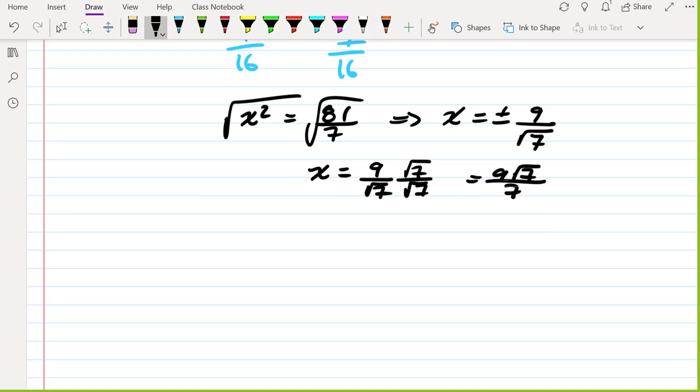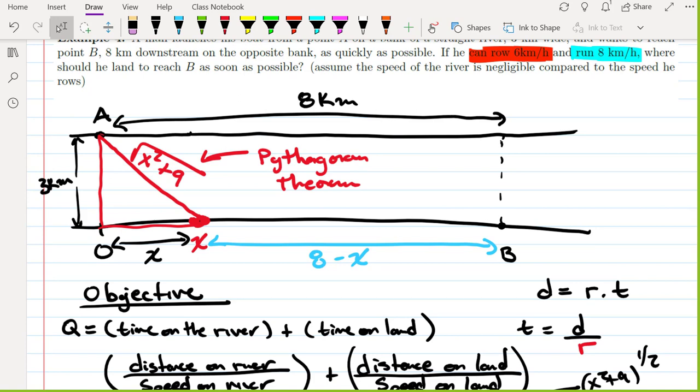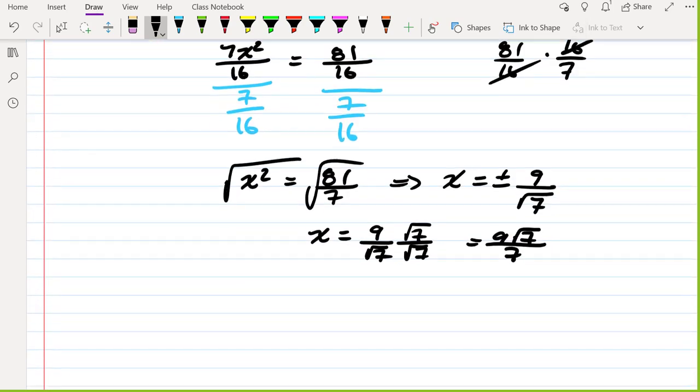And if we check by putting this into our original function, we come back to this, and we need to check the two endpoints of our domain. So the domain is he either goes directly across the river, so x equals 0, or the other possibility is he just rides the river directly from A to B, in which case x would be 8.